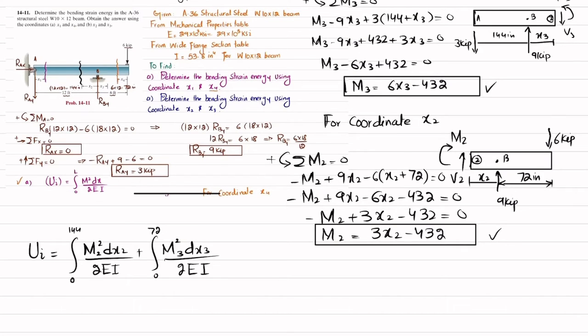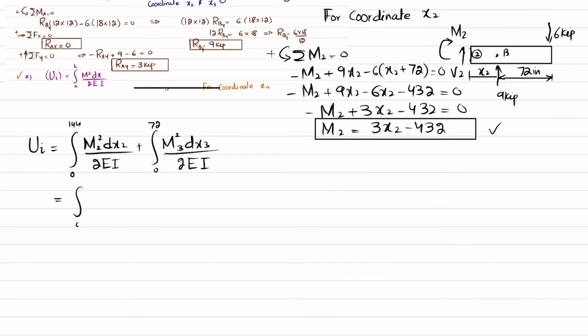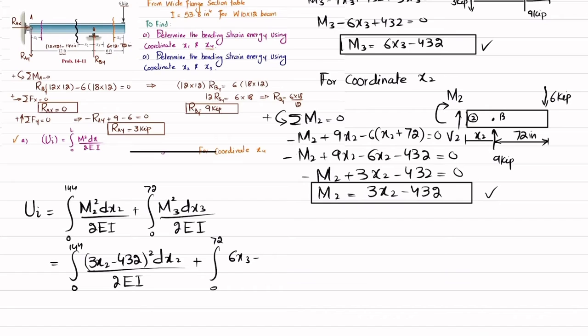Now you can put in the values. So I will put the integral from 0 to 144 of (3x2 minus 432) squared dx2 divided by 2EI, plus the integral from 0 to 72 of (6x3 minus 432) whole squared dx3 divided by 2EI.